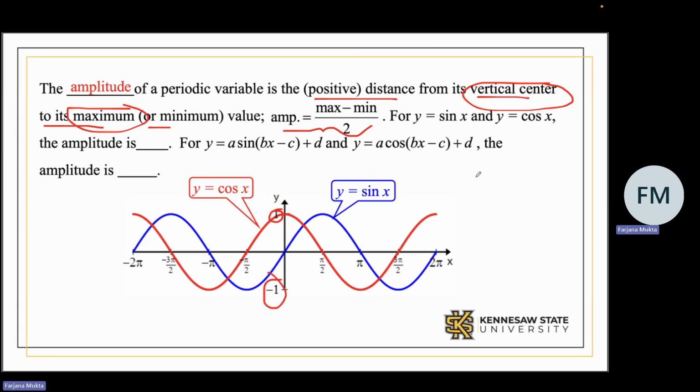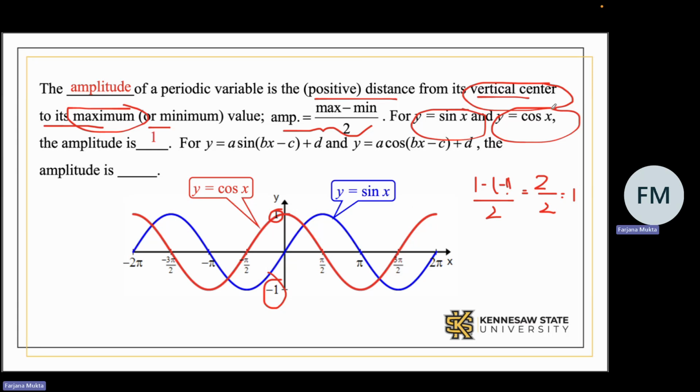We subtract negative 1 from 1, which is 2, and divide by 2, which is 1. So our amplitude is 1 for the parent functions y equals sine x and y equals cosine x.